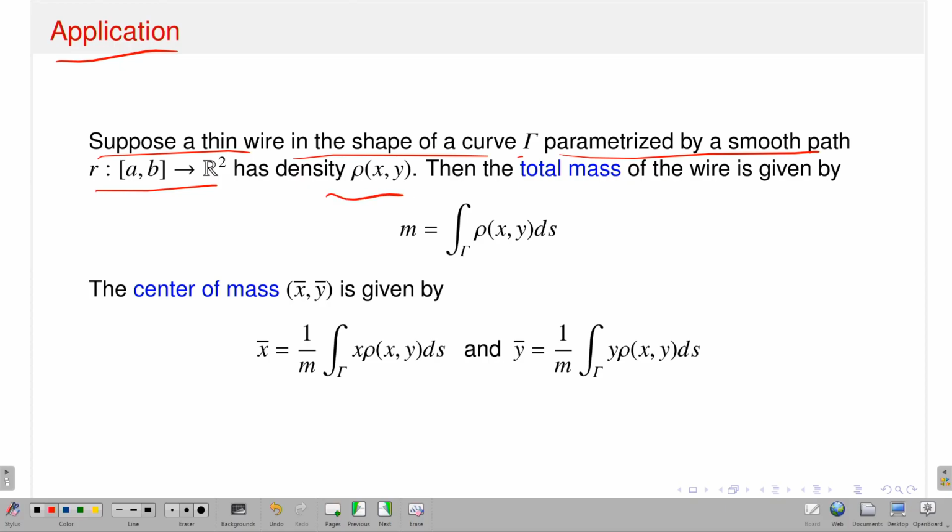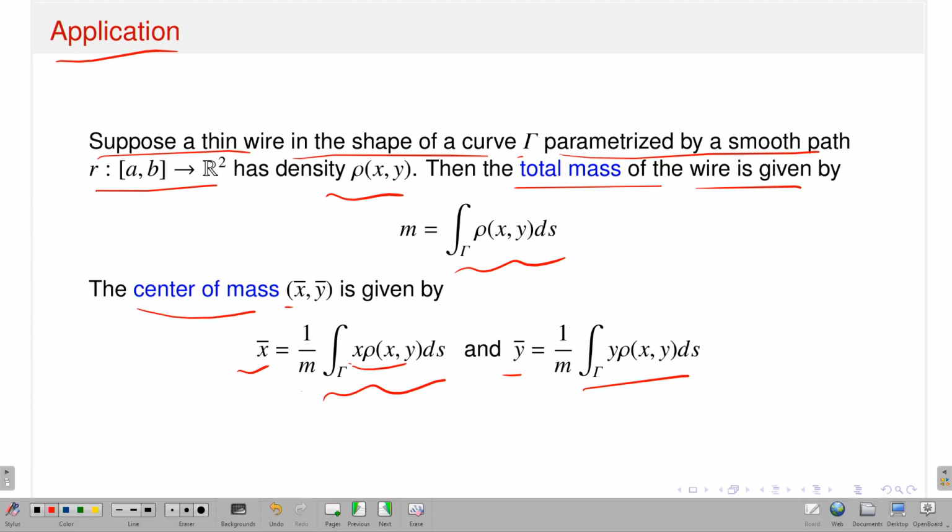Suppose it has the density rho x y, then the total mass of the wire is given by the scalar line integral of rho over capital gamma, and what is the center of the mass? This is x bar comma y bar. x bar is 1 by m times the scalar line integral, where this time the integrand is changing, that means you have to multiply by x times rho x y, and y bar is 1 by m times the scalar line integral of y times rho x y.